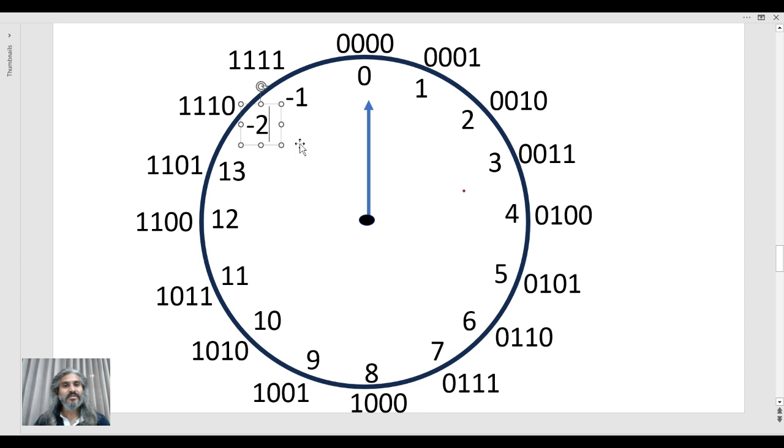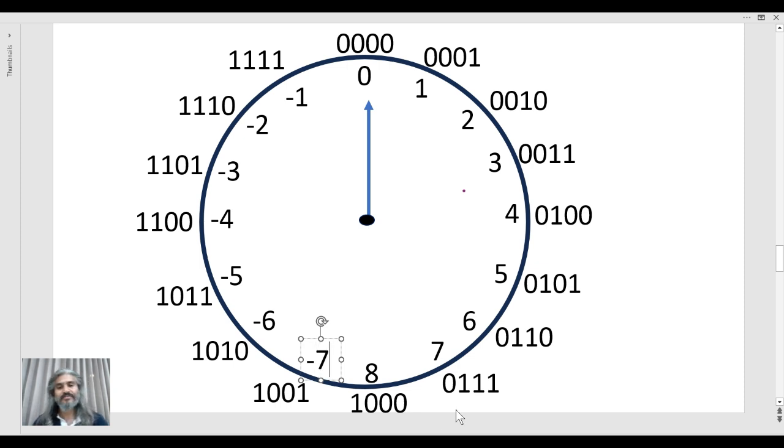This becomes -2. That becomes -3. So 12 is the same as -4, 11 is the same as -5, 10 is the same as -6, and 9 is the same as -7.